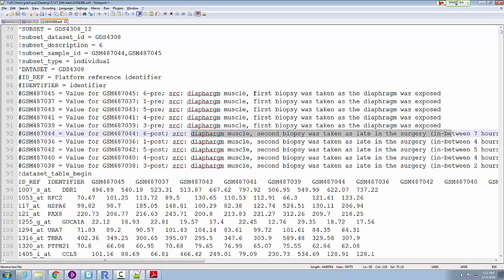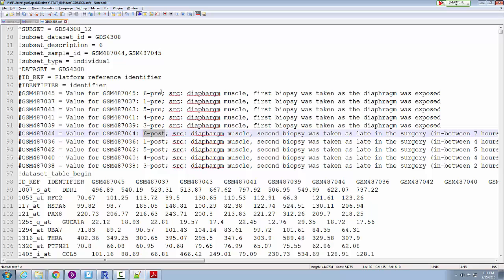And as the surgery was begun, as the heart cavity was exposed, a biopsy was taken. At the beginning of the surgery, open somebody up, take a biopsy, and look at the genomic profile for this particular individual. And then late in the surgery, for the same individual, get another biopsy, get another tissue sample, and run them again. So these are paired data.